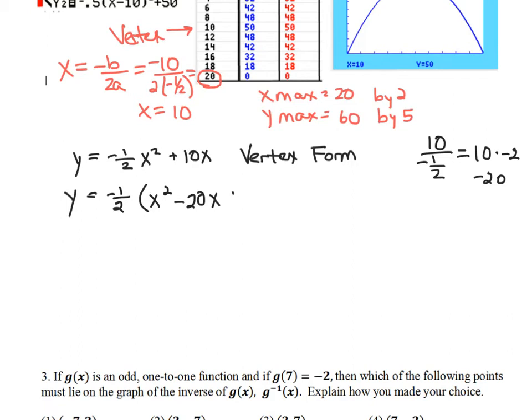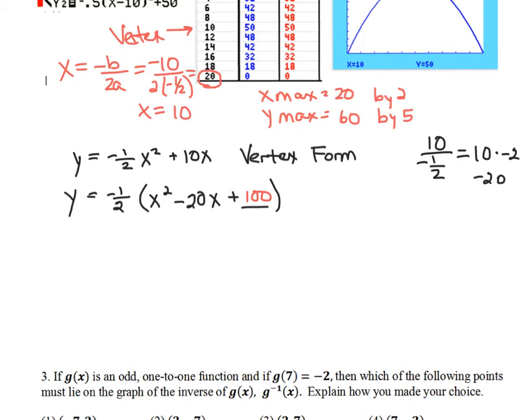Now we're going to complete the square, so we need to leave a spot in order to get the constant that goes in that trinomial. Remember to take half of the center term, so half of negative 20 is negative 10. When I square negative 10, I get 100, so I'm going to add 100 in that spot right there.